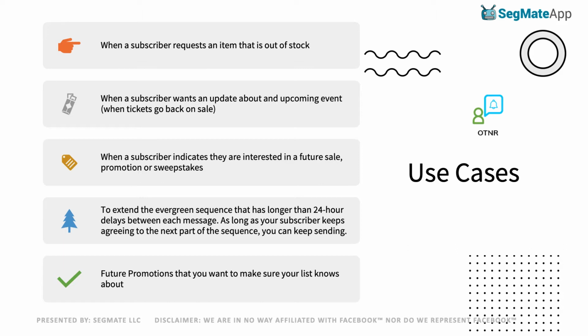Also, future promotions that you want to make sure your list knows about. So really just think about promotional use cases. There are a lot of different ones that I'm probably not thinking of right now, but think of your business and how you could send messages out beyond the 24 hours after the first or last interaction.